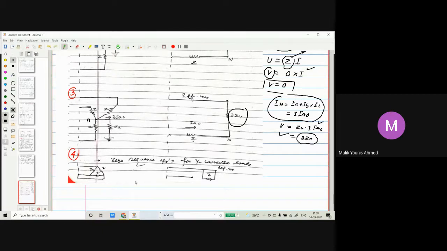Lastly is a delta connection. Now a delta connection, since it cannot provide a return path, that we know, so it offers what? It offers infinite impedance to the zero sequence line currents. The zero sequence network is open. You can see the zero sequence network, because it will offer infinite impedance, is open at the delta connected circuit.